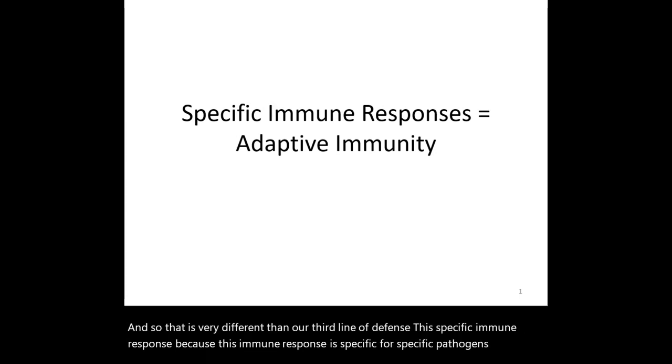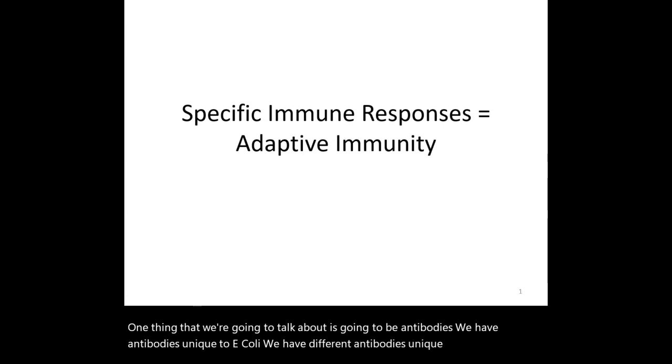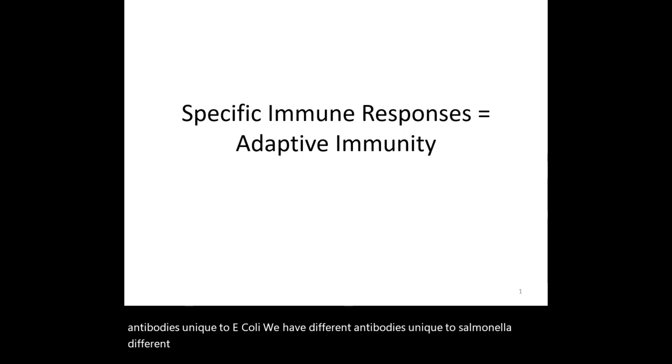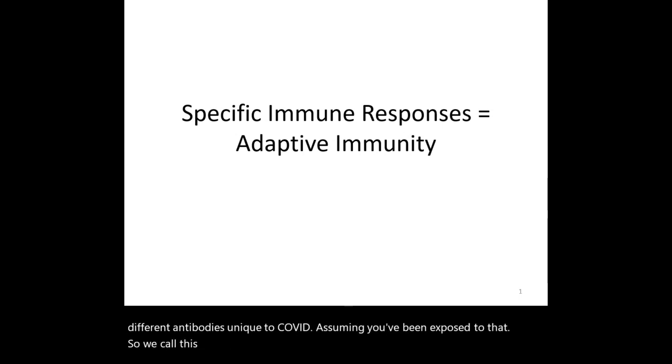So one thing that we're going to talk about is going to be antibodies. We have antibodies unique to E. coli. We have different antibodies unique to salmonella, different antibodies unique to COVID, assuming you've been exposed to that. So we call this our acquired immune response because we acquire it over time.